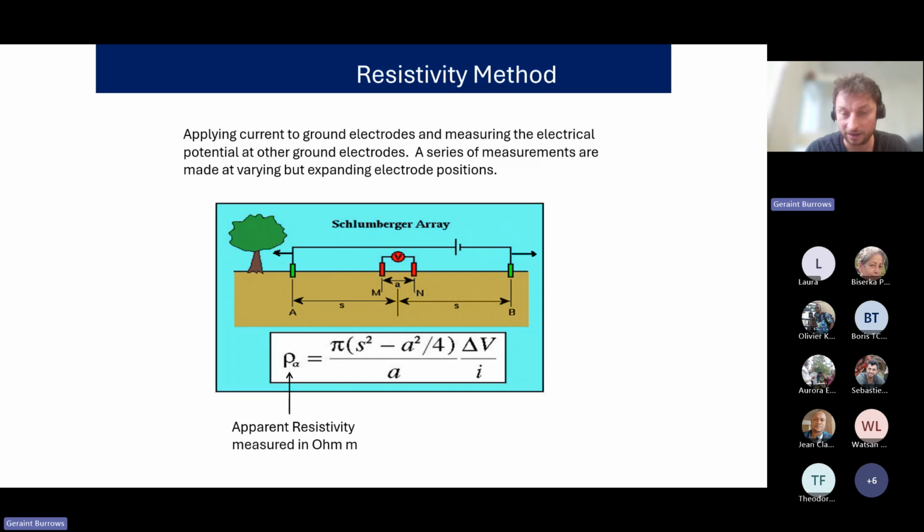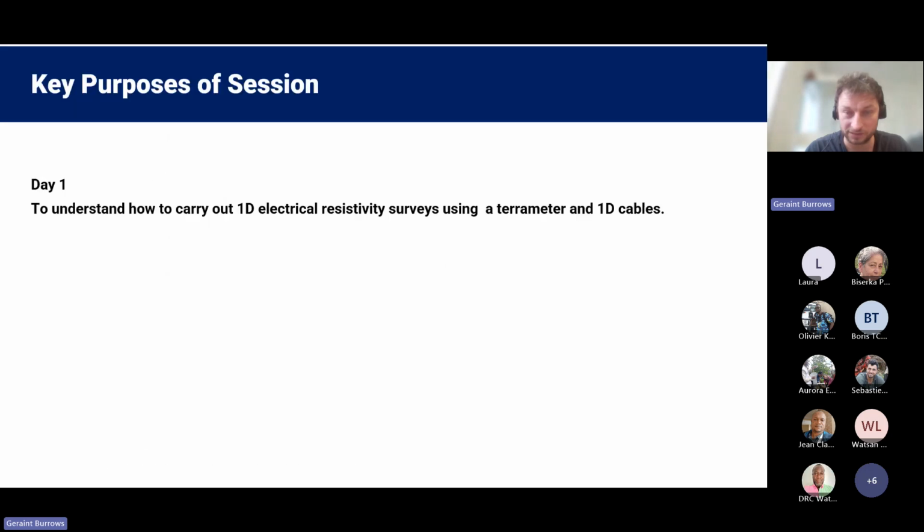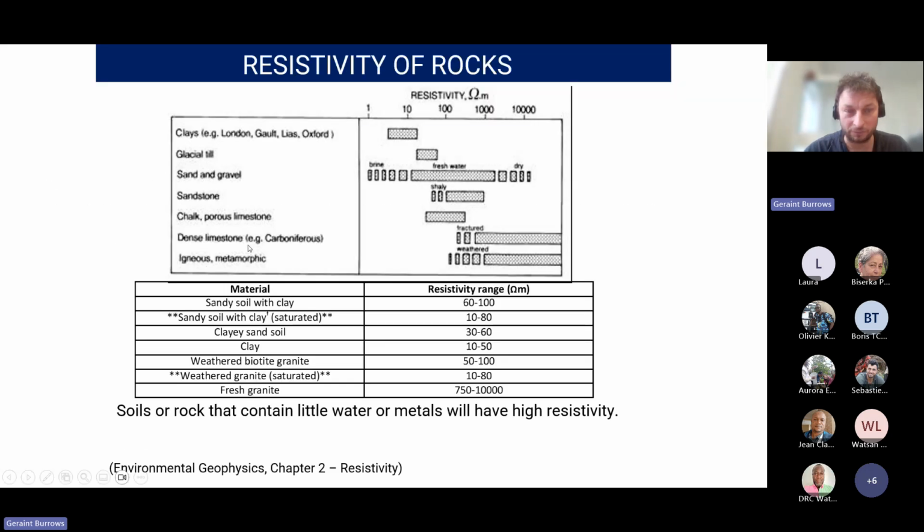So you can see how, in a basement rock setting, where we might have crystalline rock with very high resistivity, overlain by clays and saturated sands, that contrast is something that we can pick up within a 1D survey to support field investigation work.